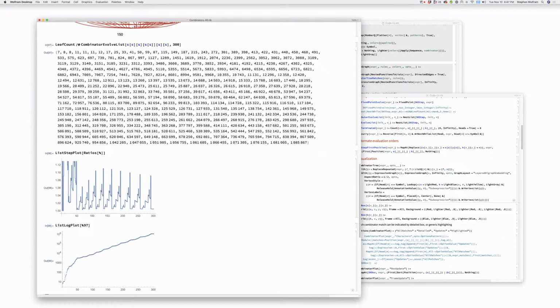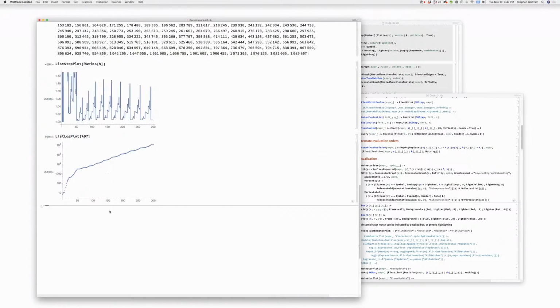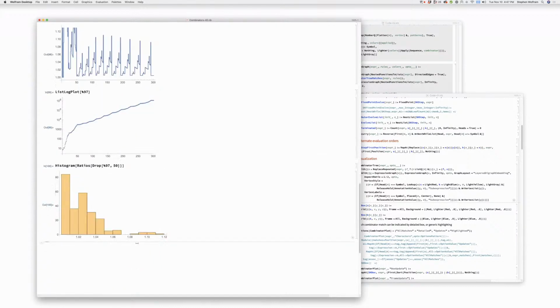I mean, you know, what this suggests. Look, probably what I should do. Let's get rid of the first 50. Okay, so drop line 97, first 50, and then let's make a histogram of the ratios. What on earth can we say from that? What does that mean for what this average growth rate is?